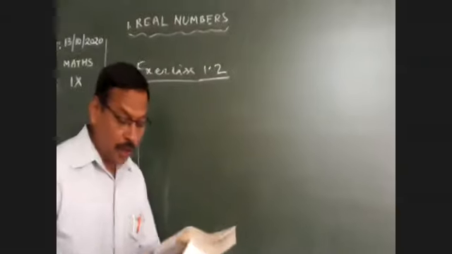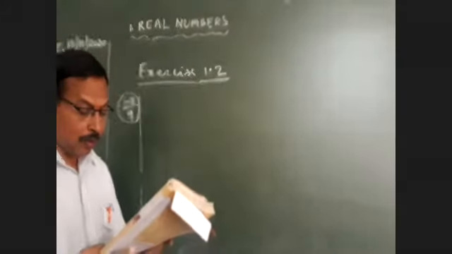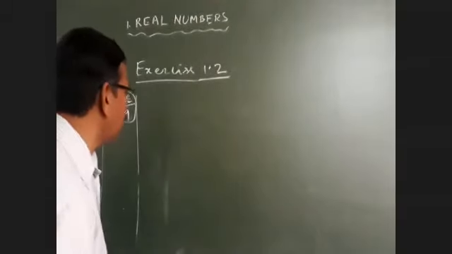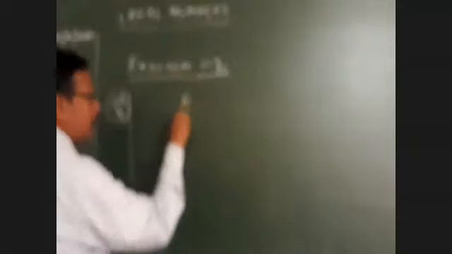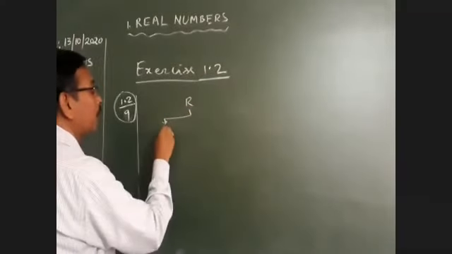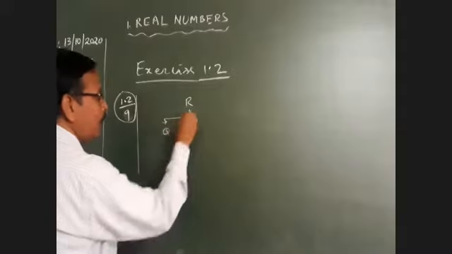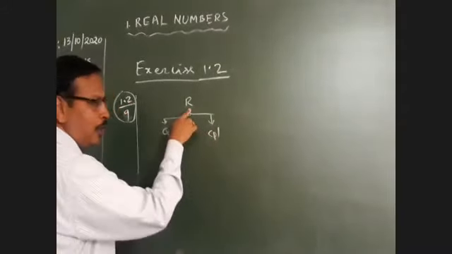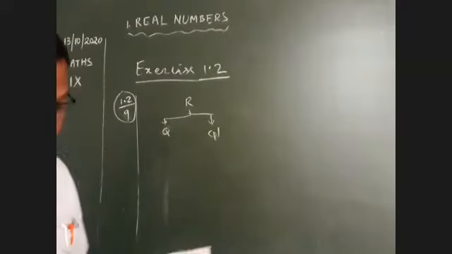State whether the following statements are true or false. If an irrational number is a real number: I have already explained that real numbers are derived from rational and irrational numbers. So rational is a part of real. So the first statement is true.